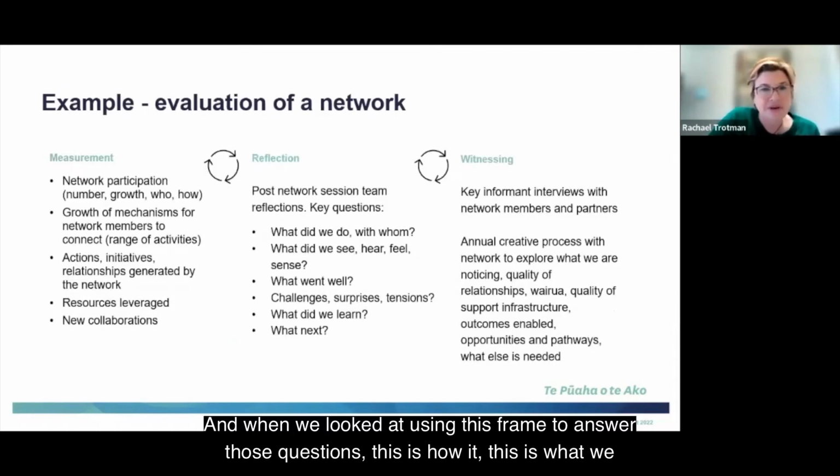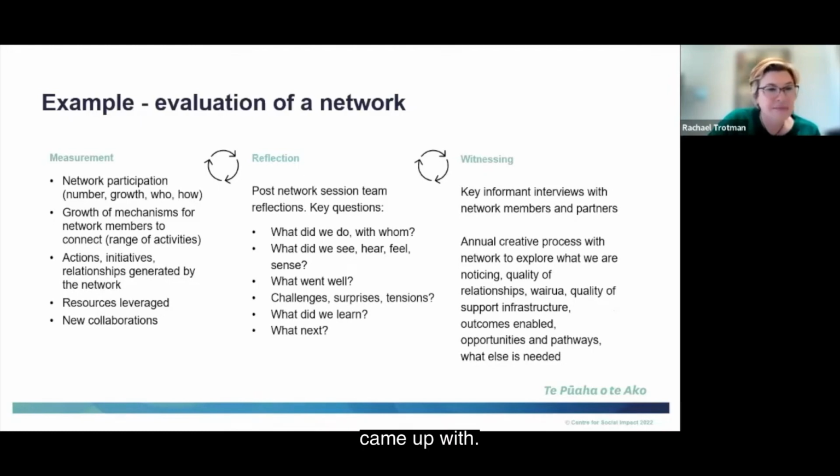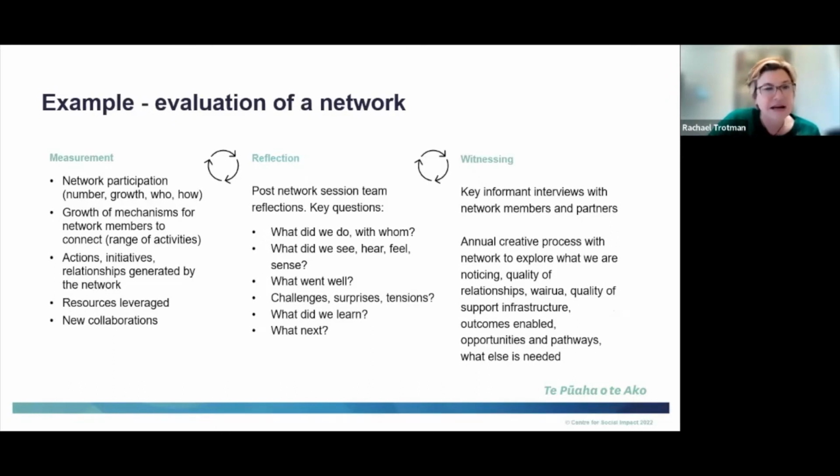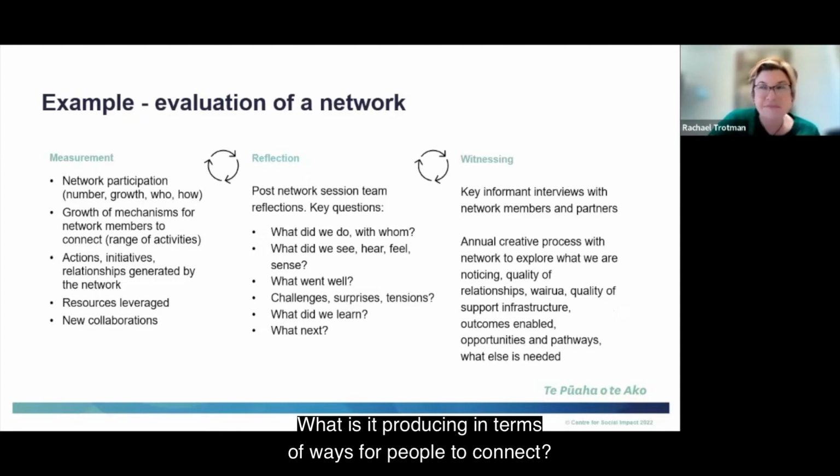And when we looked at using this frame to answer those questions, this is what we came up with. So the measurement side was looking at what's happening with the network itself. What is it producing in terms of ways for people to connect?